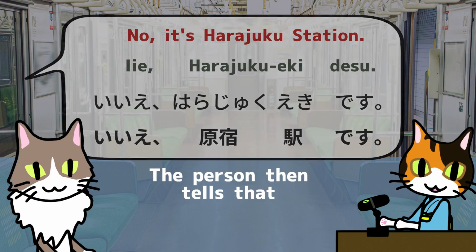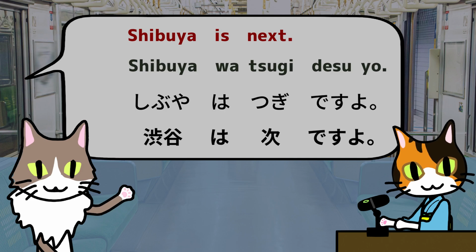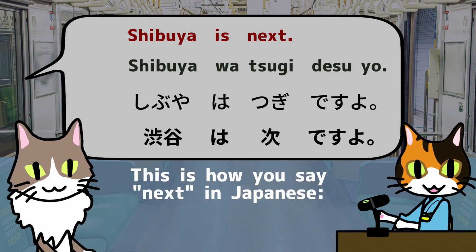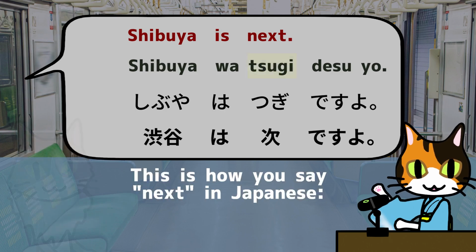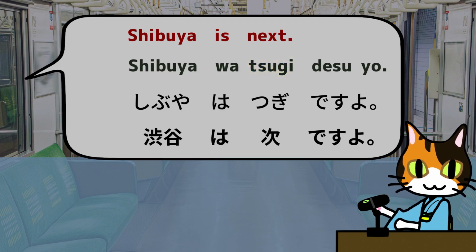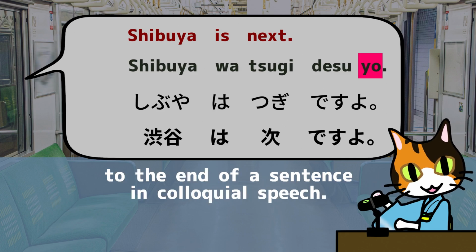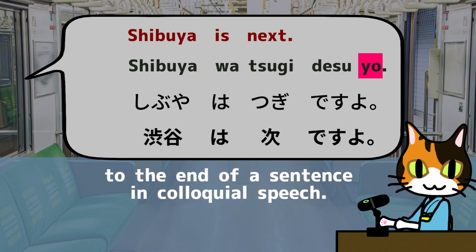The person then tells that Shibuya Station is the next stop. 渋谷は次ですよ。This is how you say next in Japanese. 次。This yo is a particle that is often added to the end of a sentence in colloquial speech.